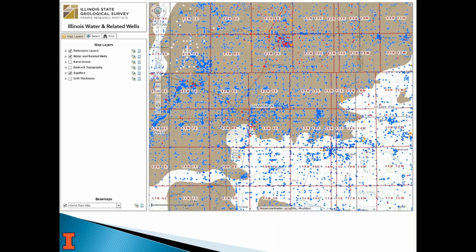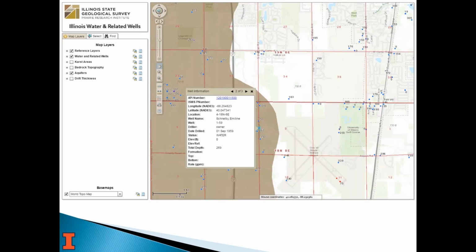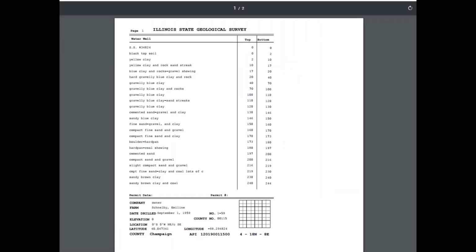And so as I zoom in, and we're in Champaign County, that is our giant Willard Airport for the U of I and Champaign-Urbana area, I can click on a blue dot, and it gives me what the State Geological Survey calls an API number, which is different than the Water Survey's P number. It's because we weren't always in the same unit as we are today, but it gives you some information about that well. And then the blue highlighted API number, if I click on that, it tells me more information.